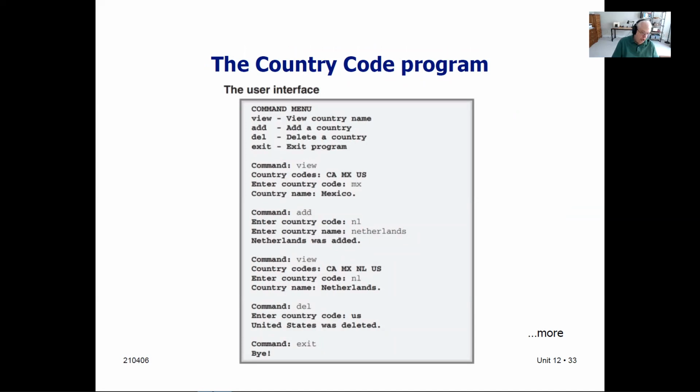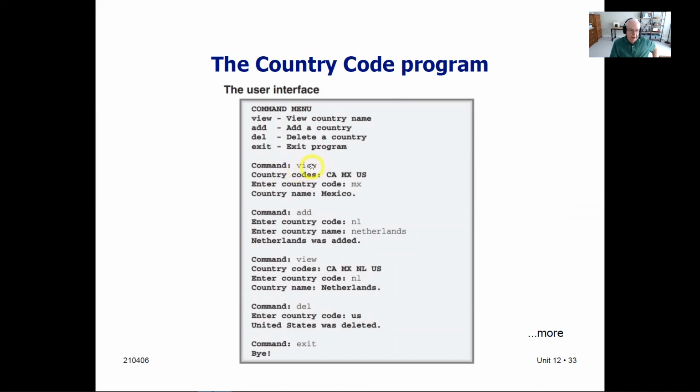So let's go to some code and see how we can use this. First off, we're going to continue on the same idea of a country code program, but move it to a kind of helpful format. As we have seen in other examples in this textbook, our console is going to start out with a command menu. And then we can just run those commands to get the output that we want.